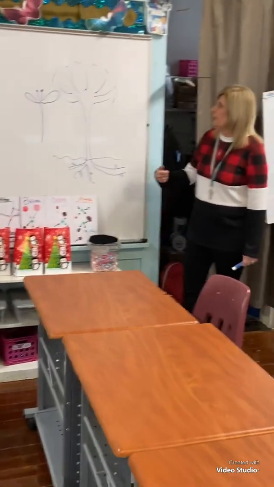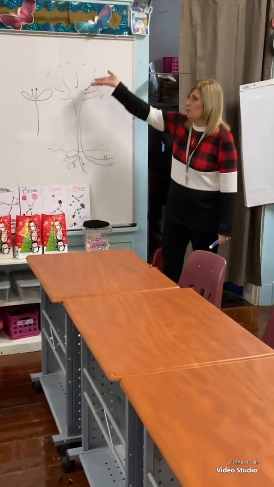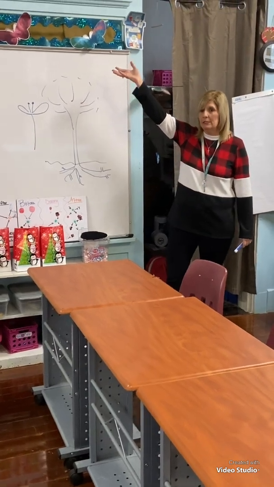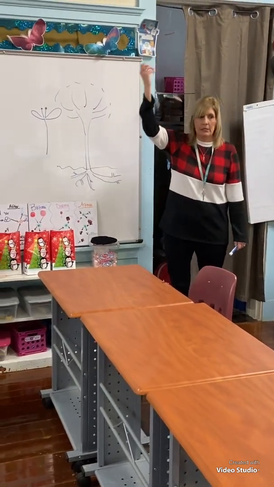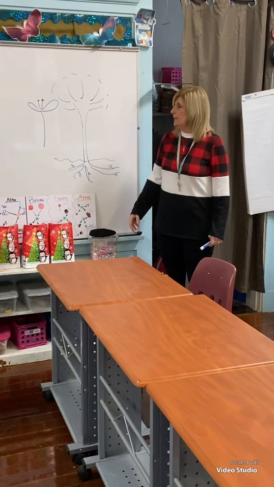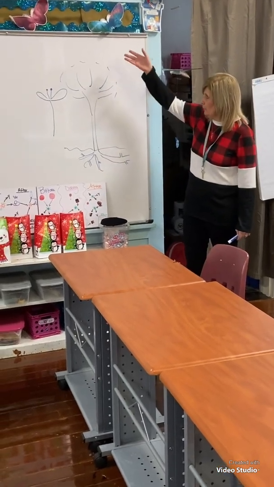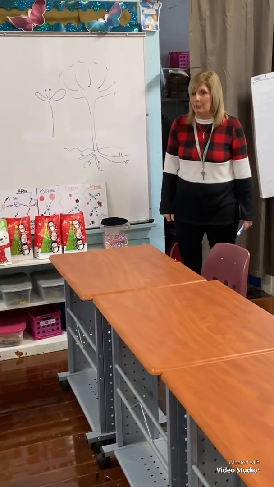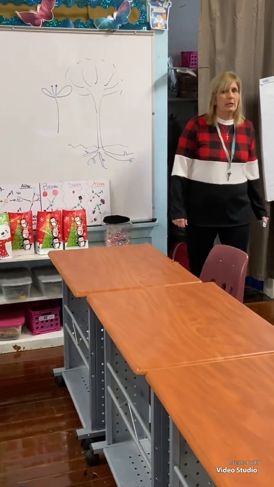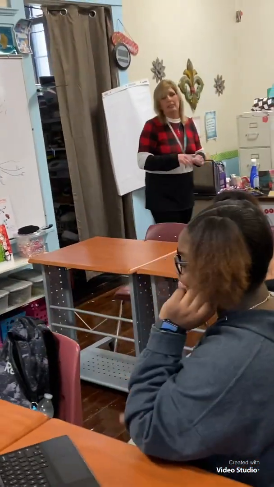Alexis made a point that how can something go up? Gravity says that things fall. What we're going to look at is actually capillary action. Does anybody have a definition of capillary action? Okay, Lanasia.